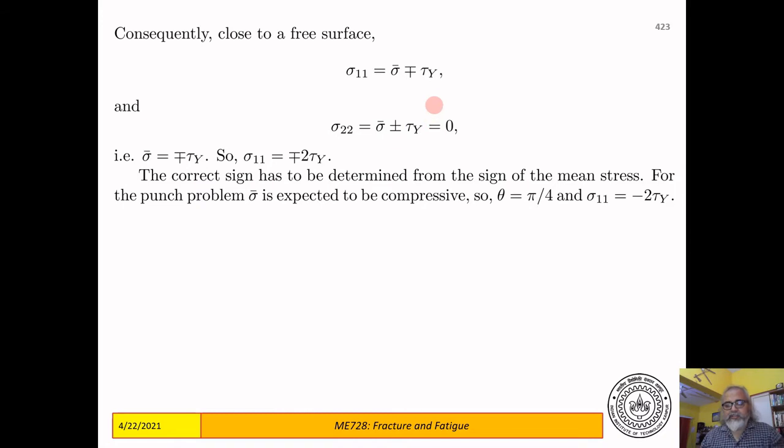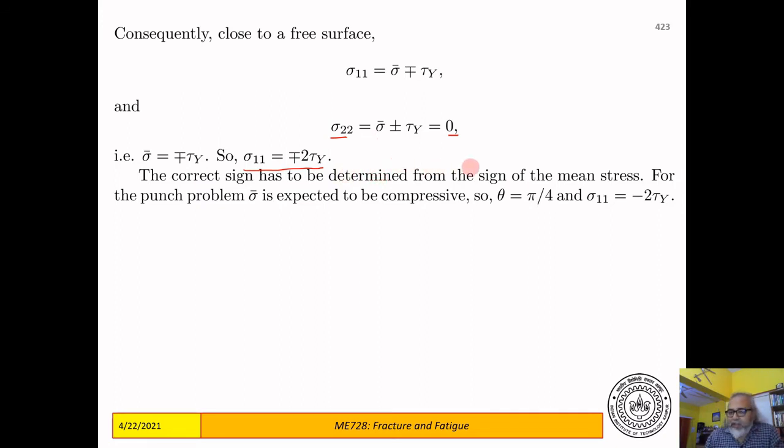The plus and minus is determined by the angle that phi makes with the free surface. Sigma 2 2 is equal to 0 at the free surface. Therefore, sigma bar near the free surface will be equal to minus plus tau y, and therefore sigma 1 1 will be equal to minus plus 2 tau y.